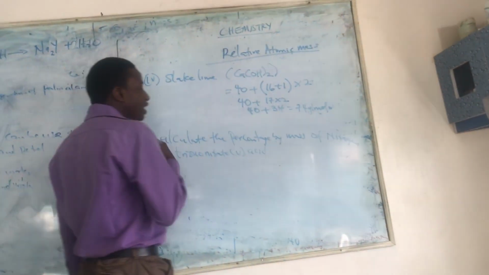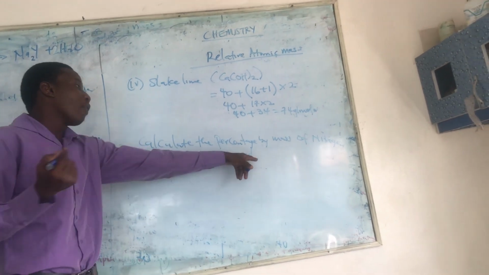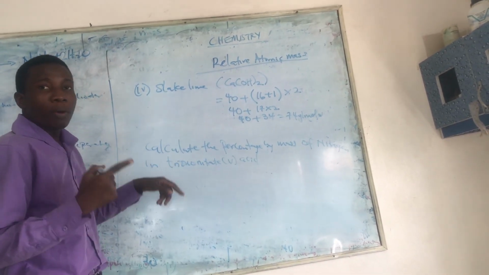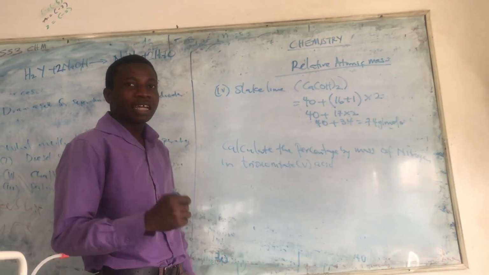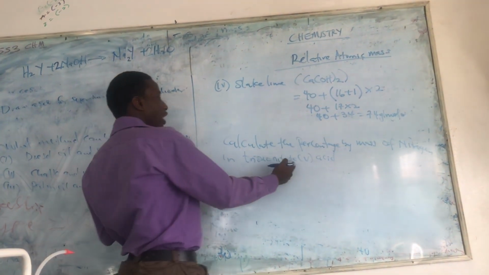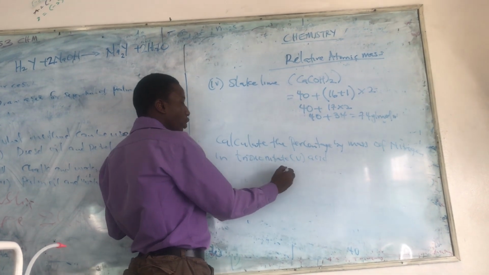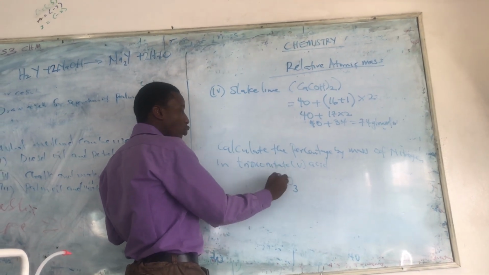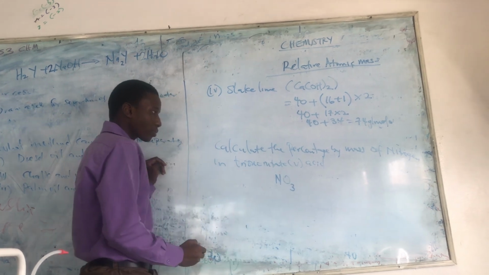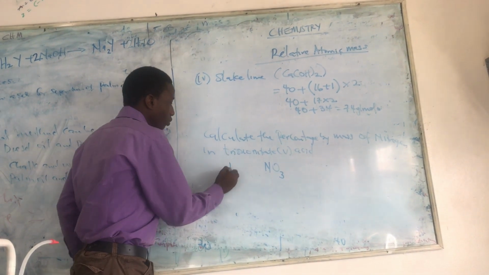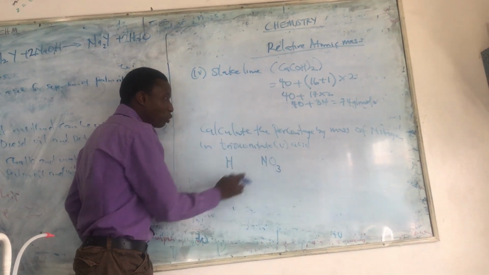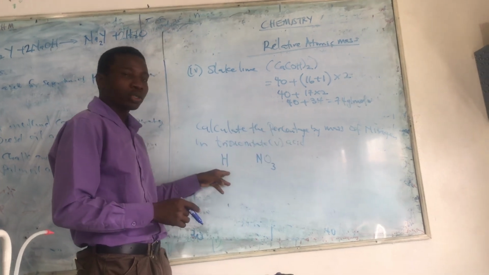Firstly, if I set the question, I won't give the formula for this trioxonitrate(V) acid because I expect you to know it. Let's write the name. If you remember, I told you that trioxo means O3. Nitrate is nitrogen. And whenever I say acid, it's H. Acid is hydrogen.